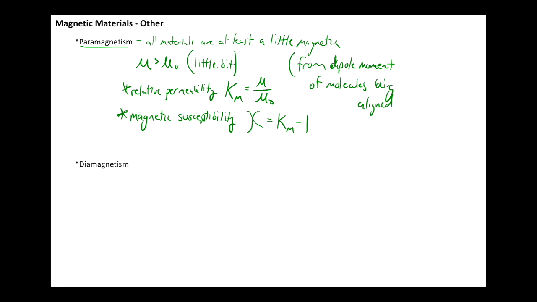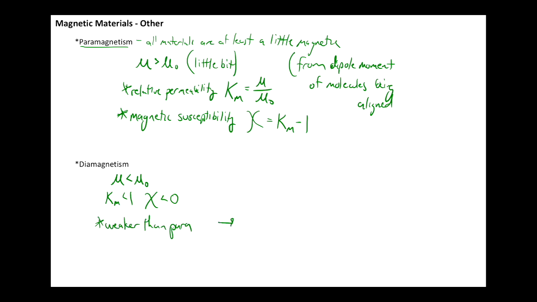And then finally, diamagnetism is even weaker than paramagnetism. And this is a weird case where mu is less than mu naught. It's less susceptible than free space, so that means that kappa sub m is going to be less than 1, and chi is going to be less than 0. So a couple of notes here. This is weaker than paramagnetism.